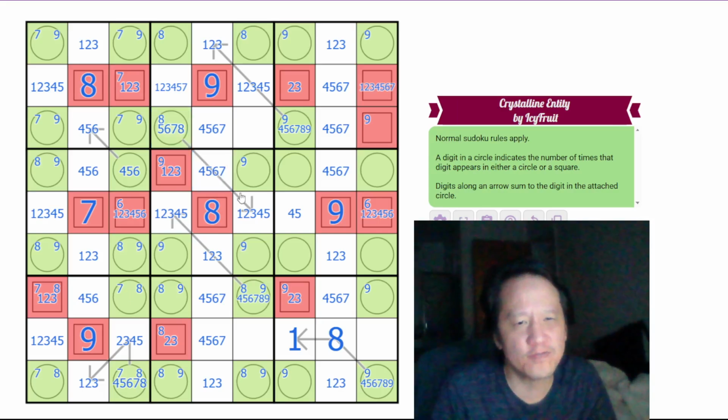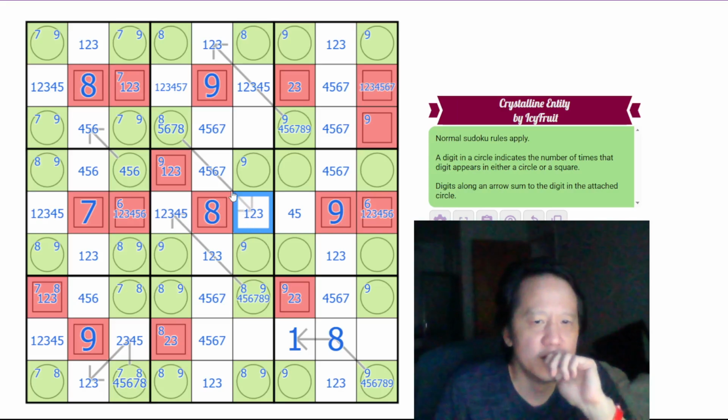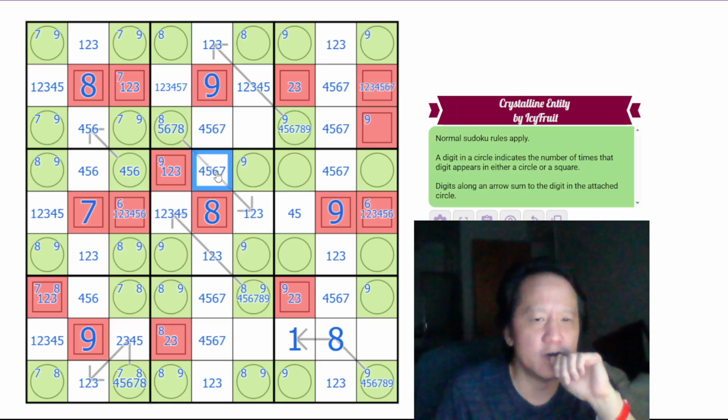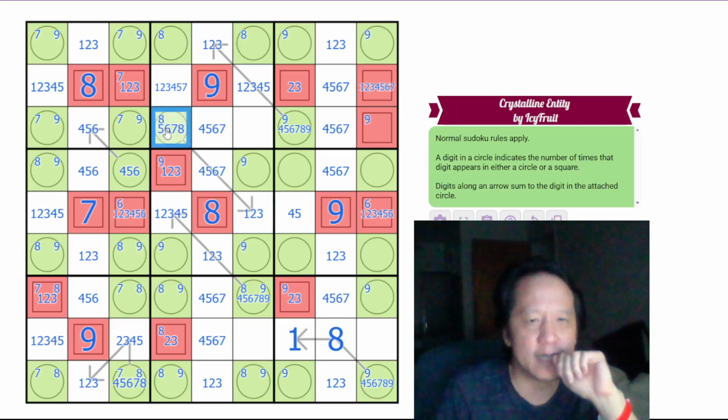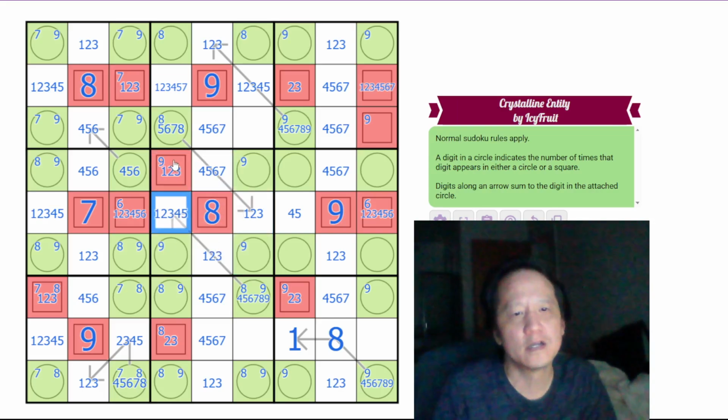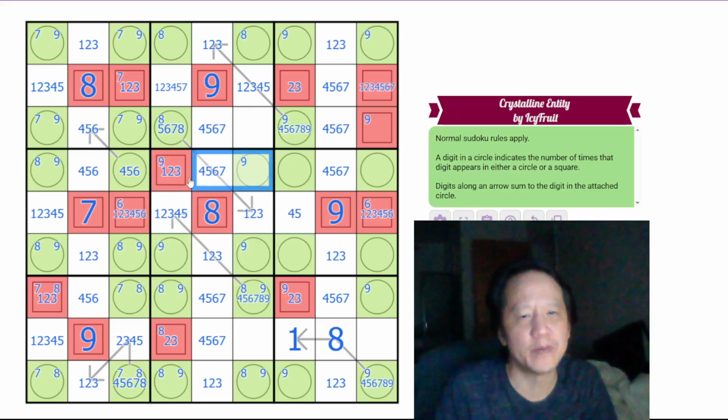So this cannot be 5 or 4, because to add up, it cannot be 9, and that would be 4, 5 plus 4, 5 to add up to 9. So this is 1, 2, 3. We have a 1, 2, 3 triplet in box 5, which eliminates 1, 2, 3 in the rest of the box.